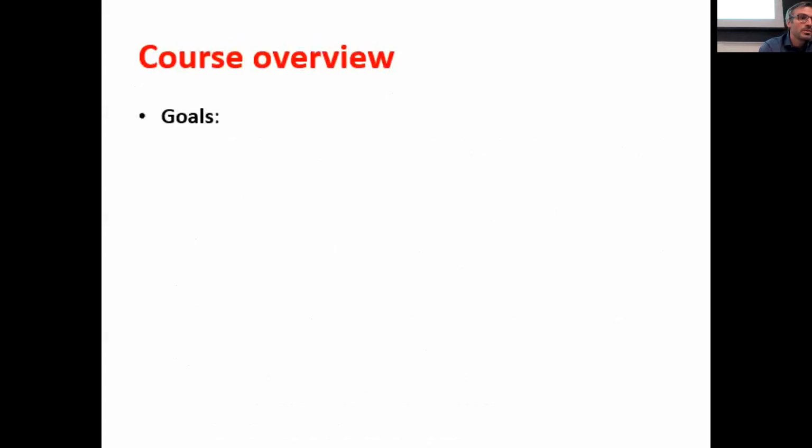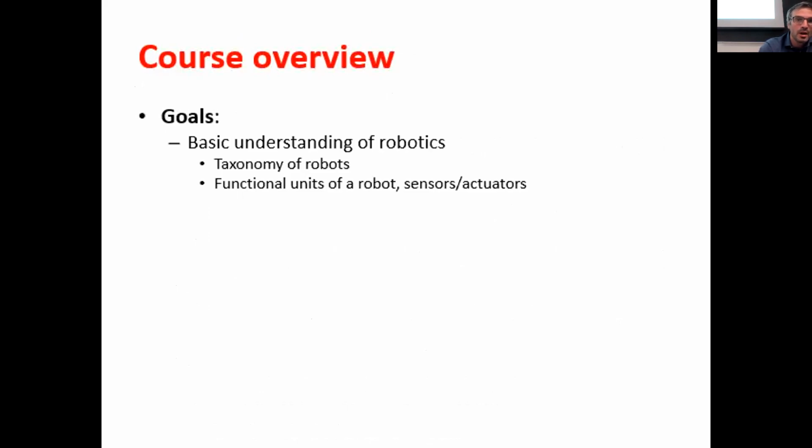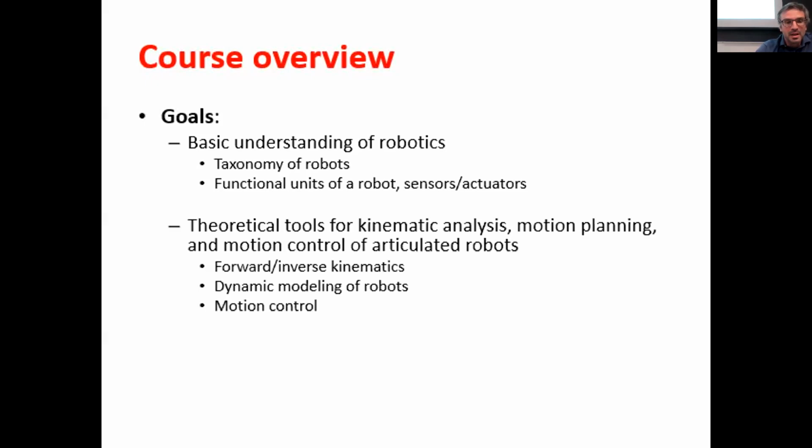So in essence, if we want to summarize the goals of this course, we will achieve a basic understanding of what a robot is, how to classify robots, for example in terms of kinematics, or what the functional units of a robot are, what their sensors and actuators are, and how we interact with these elements, programming them, calibrating them or measuring quantities, and also some signal processing.